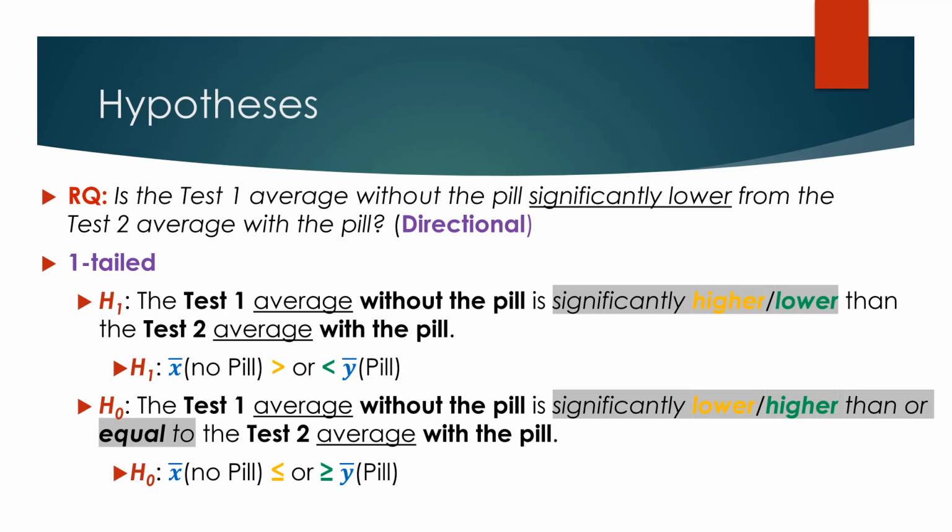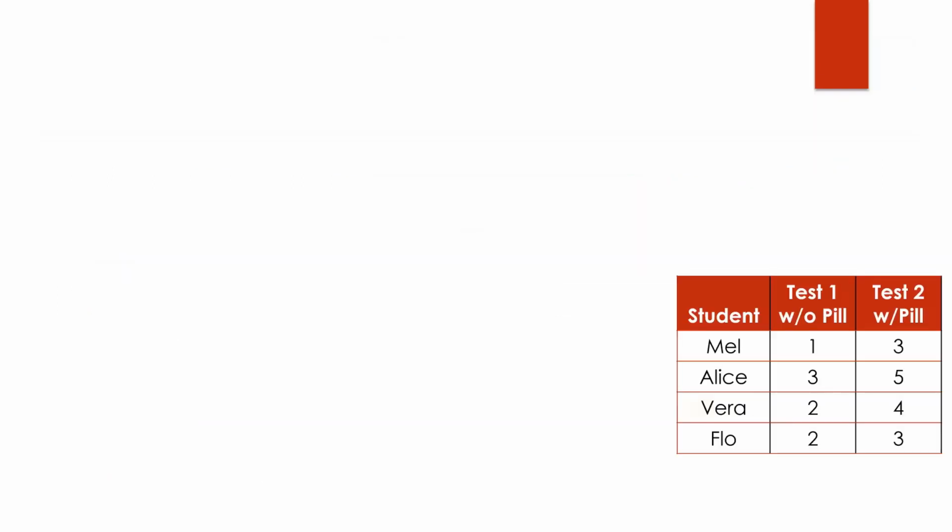The test 1 average without the pill is significantly lower than the test 2 average with the pill, meaning that X bar is lower than Y bar. Okay, because the alternative says yes to the question, and the null is going to say the other direction and equal to. The test 1 average without the pill is higher than or equal to the test 2 average with the pill. X bar will be greater than or equal to Y bar. All right, so those are our hypotheses.